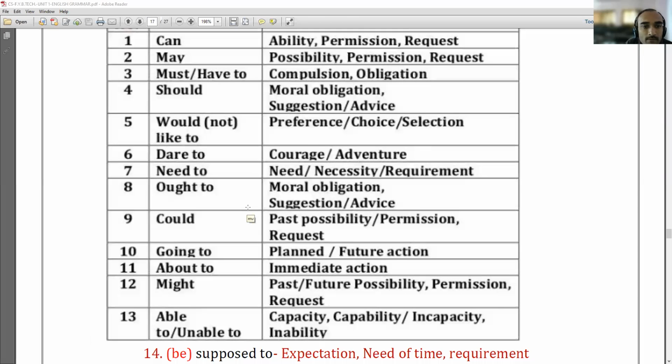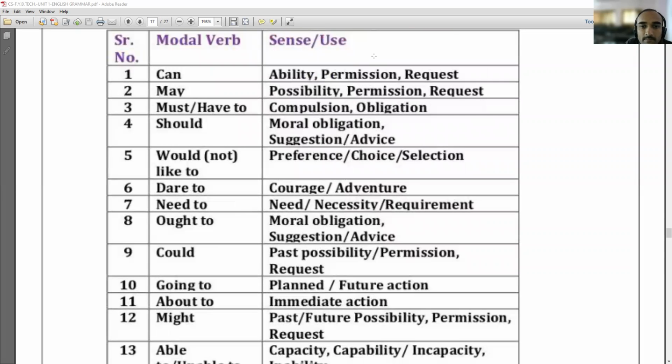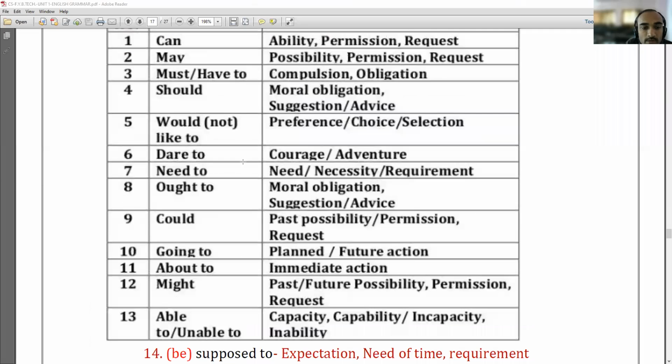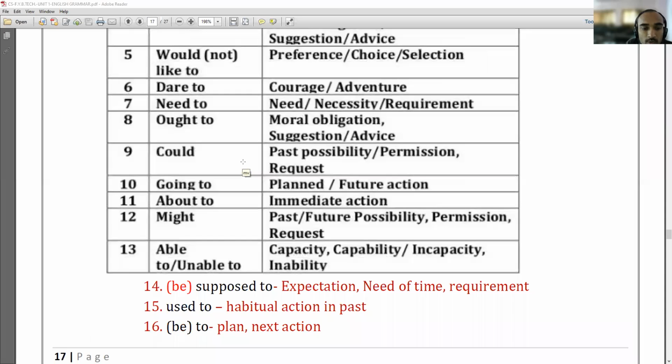So: can, may, might, must, have to, should, would, like to, dare to, need to, ought to, could, going to, about to, might, able to, unable to.